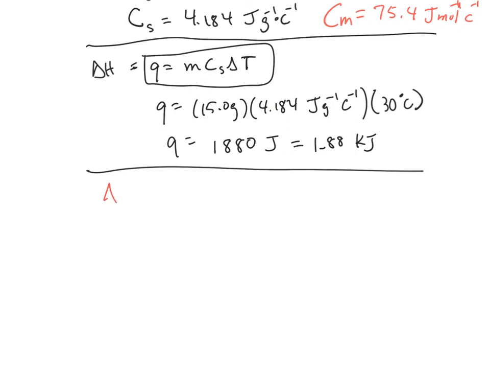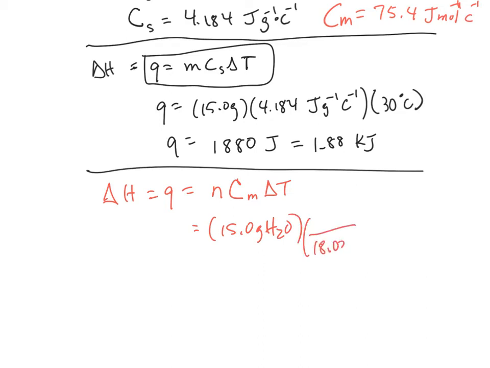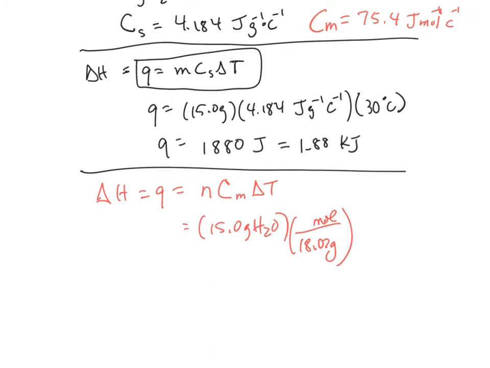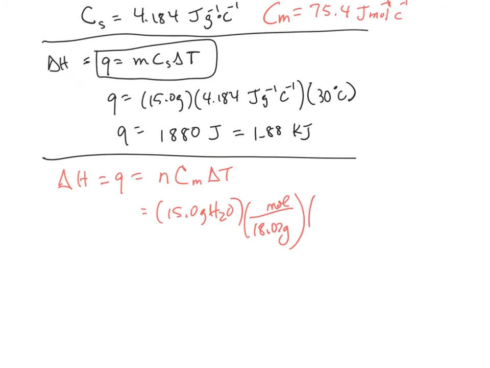So here, delta H will be equal to Q, which will be equal to n, the number of moles, times the molar heat capacity, times delta T. And we want to take our 15 grams of water, convert to moles using the molar mass, 18.02 grams per mole water. Now we have the number of moles.